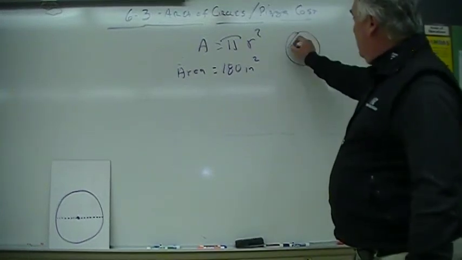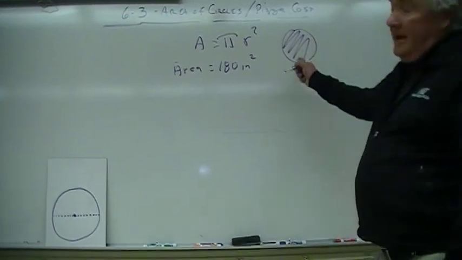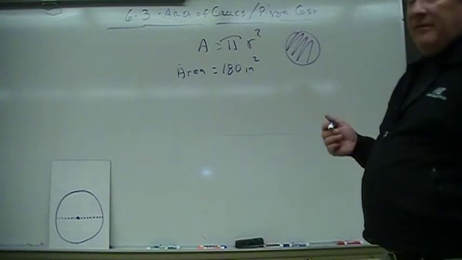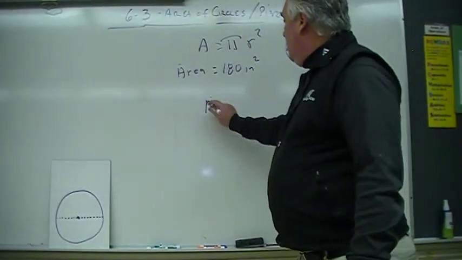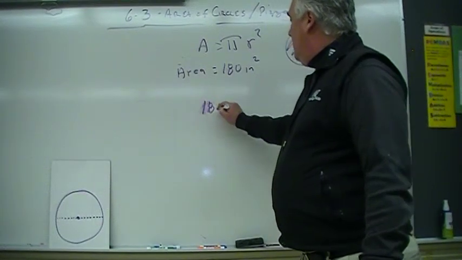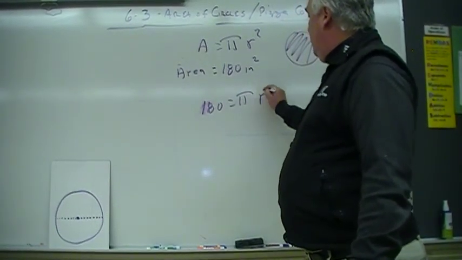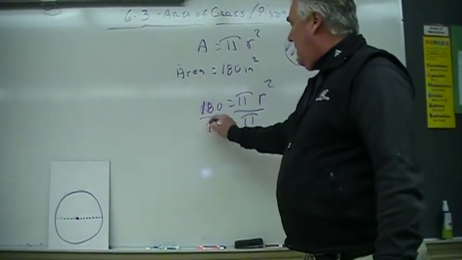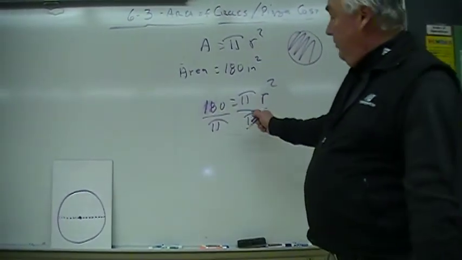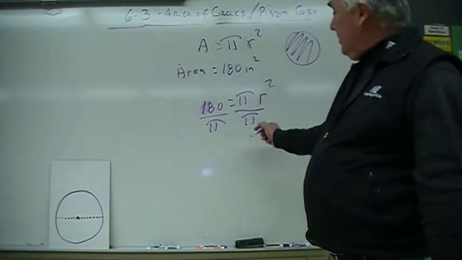So we have our circle, and that area is 180. We got to find the radius. So 180 equals pi radius squared. Divide by pi, divide by pi. So divide by 3.14. That's what you need to do.